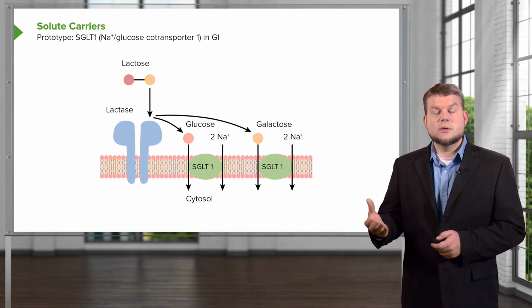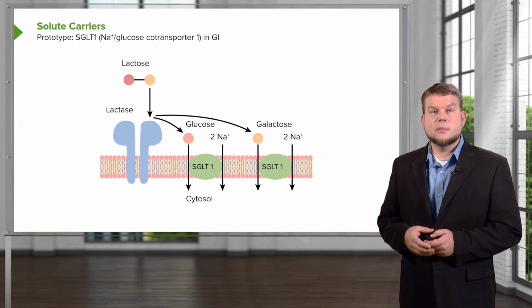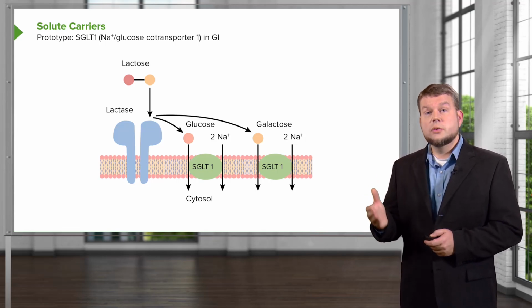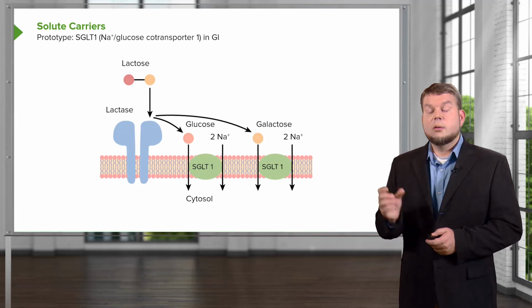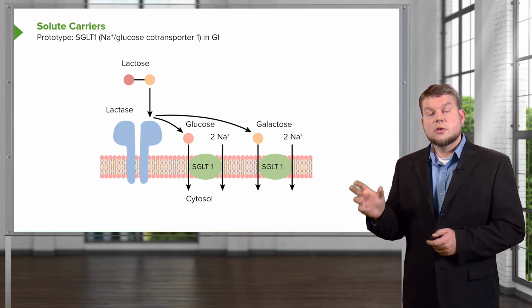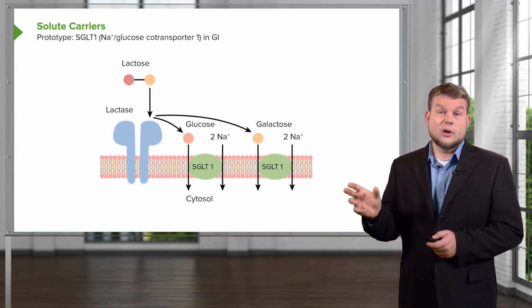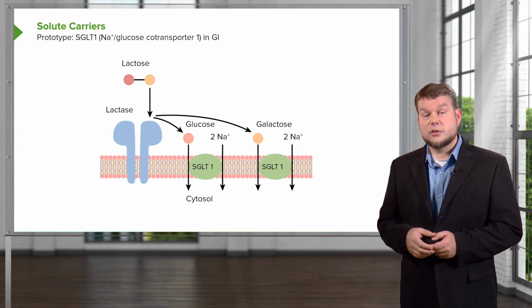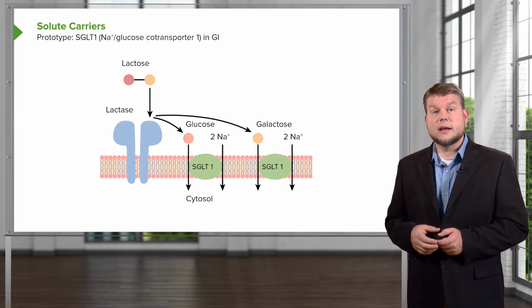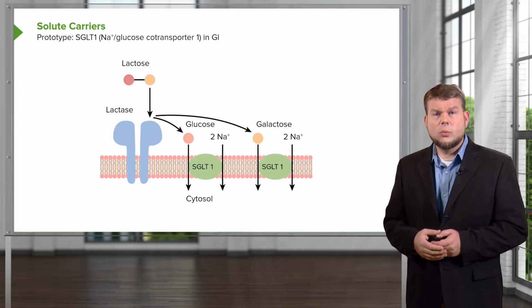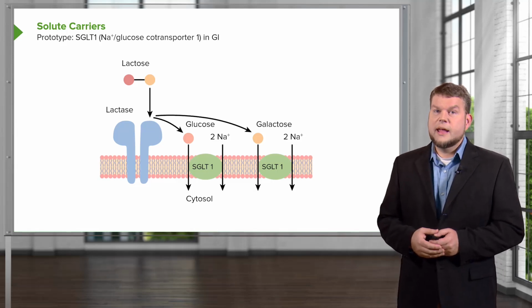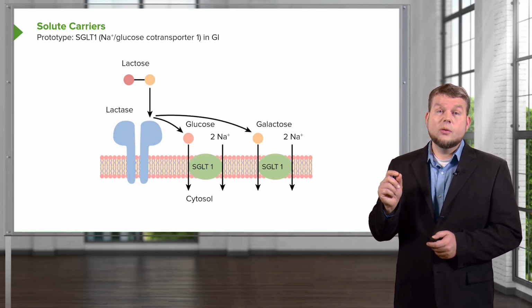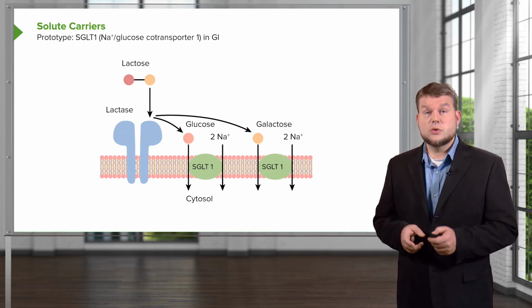You have lactose, it gets broken down by an enzyme called lactase into glucose and galactose. Now both of these particular carbohydrates, simple carbohydrates, are going to need a transporter to get into the body. SGLT1 provides that transporter. In this case, we're going to be moving in one glucose molecule and two sodiums.